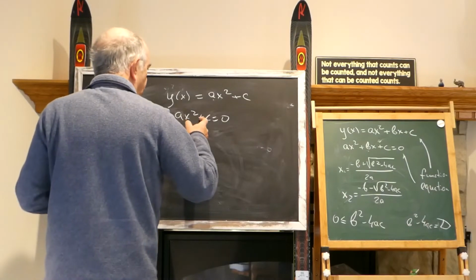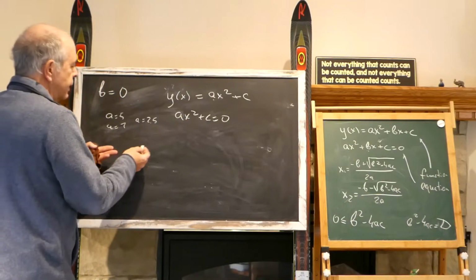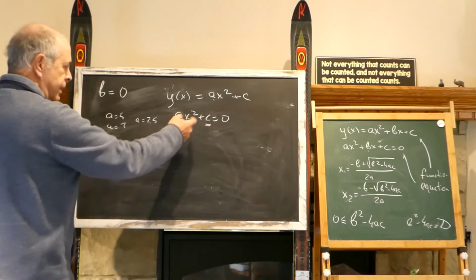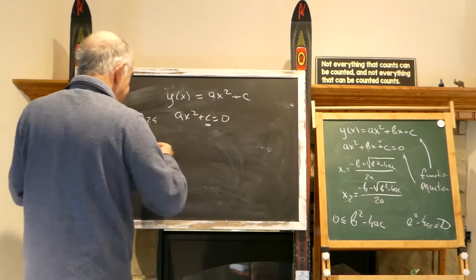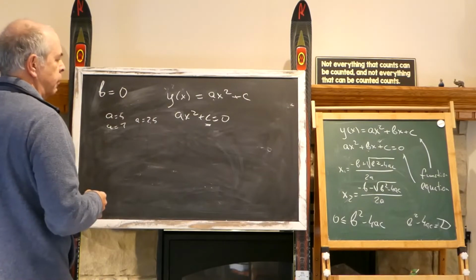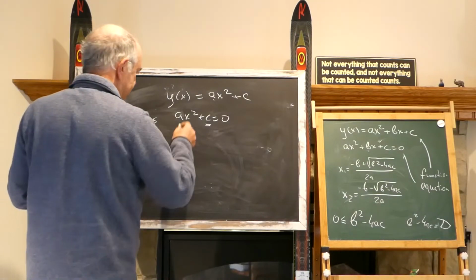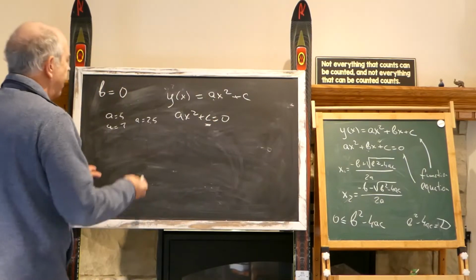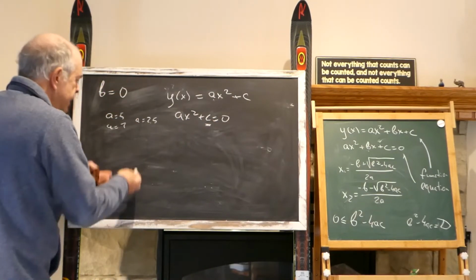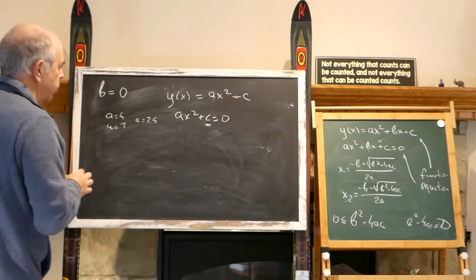And the parabola is shifted up by this value. If this is 5, it's shifted 5. If this is minus 10, it's dropped down 10 points. But the idea is that this determines how the parabola is positioned up or down.